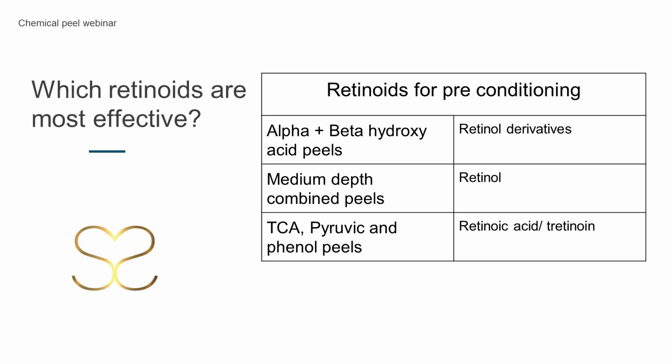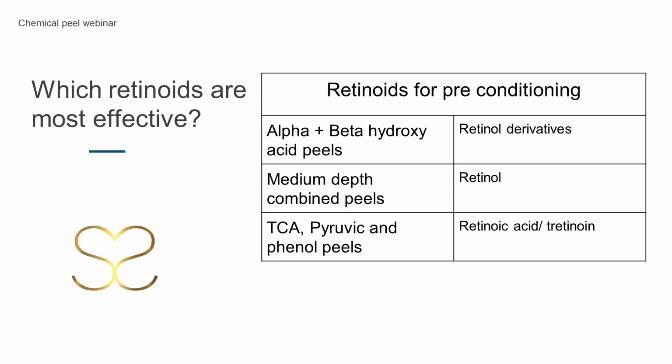This indicates the type of retinoids that should be used when preparing the skin for specific chemical peels. If you are doing an alpha or beta hydroxy acid peel, retinol derivatives should be sufficient in preconditioning the skin. If, however, you are doing a medium depth or combined peel, pure retinol would perhaps be the best option, as it improves angiogenesis quickly and improves blood flow.